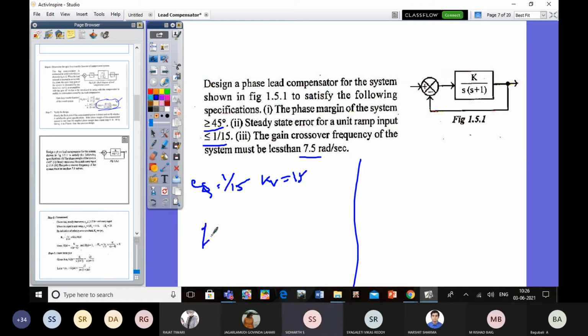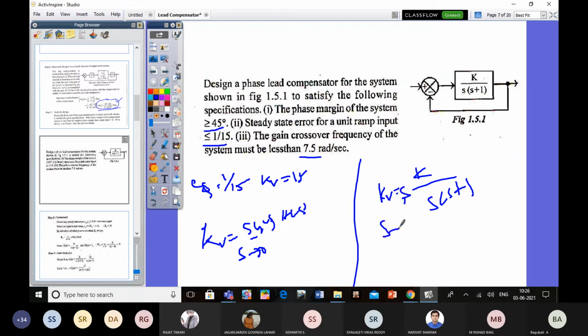Kv is equal to limit S tends to 0 of S into G of S into H of S. What is the answer then? Kv is equal to S into K divided by S into S plus 1. This is G of S, H of S, and along with that this S is multiplied, limit S tends to 0.